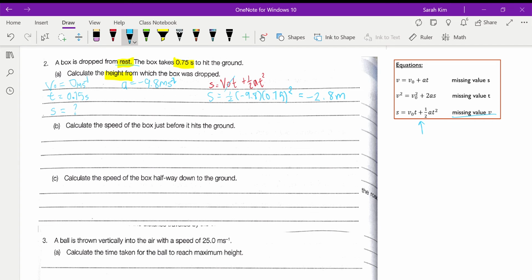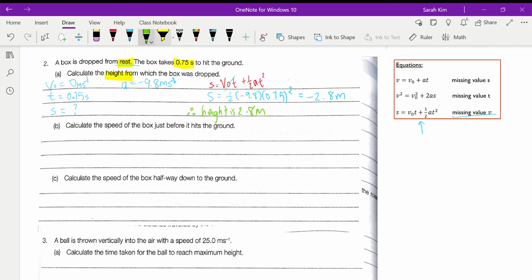Now, the reason it has negative as my answer is because that's what the ball did. So the ball dropped -2.8 meters. So you can conclude that the height is just going to be the positive version of that, which is 2.8 meters. That's how you conclude that one.